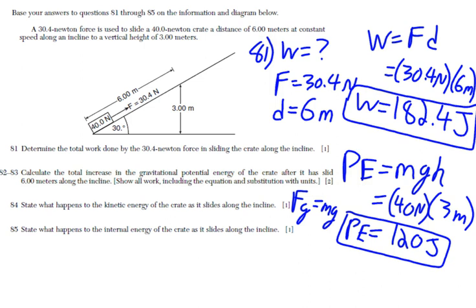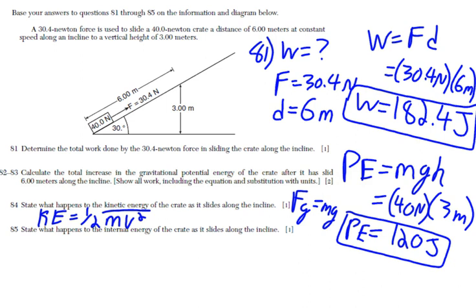Now the object is going up this incline. We don't know what happens to the kinetic energy. Well, the equation for kinetic energy is 1/2 times m times v squared. So it depends just on the mass and the velocity. Now the mass of this object isn't changing. But what about the velocity?